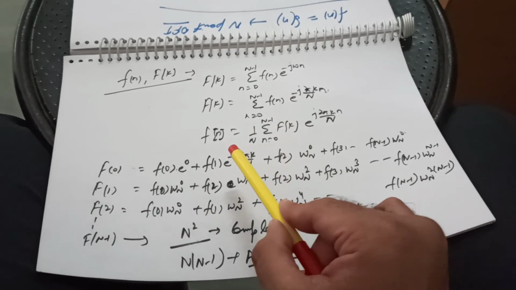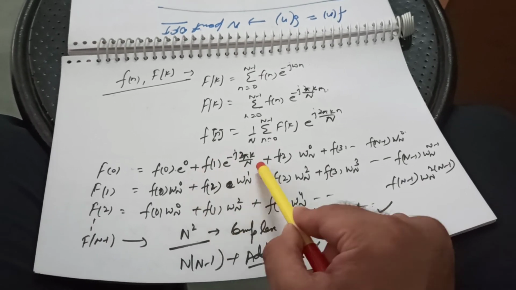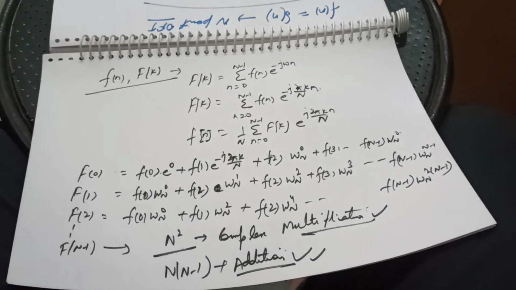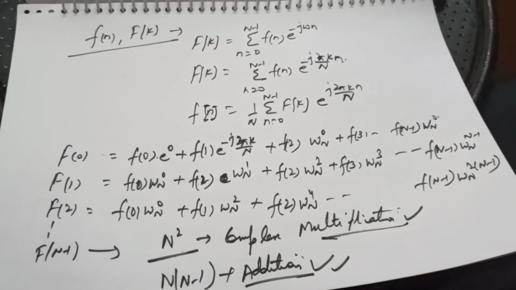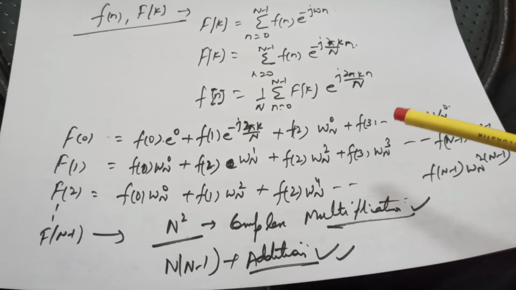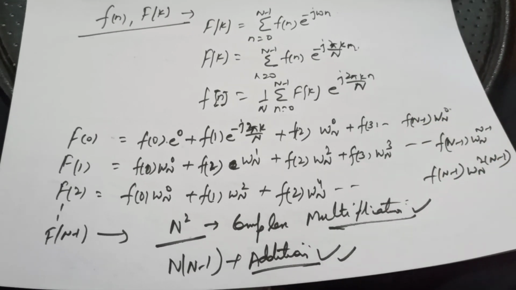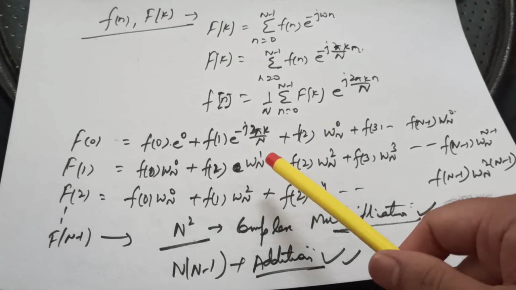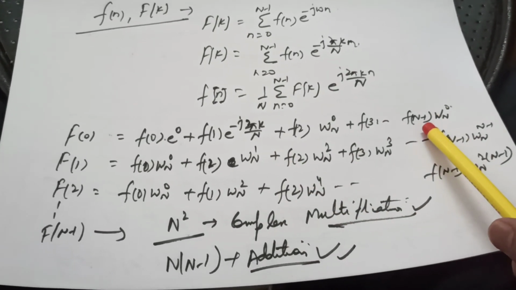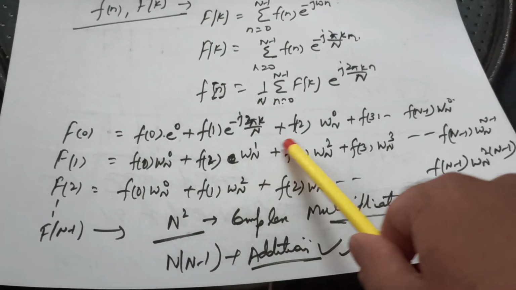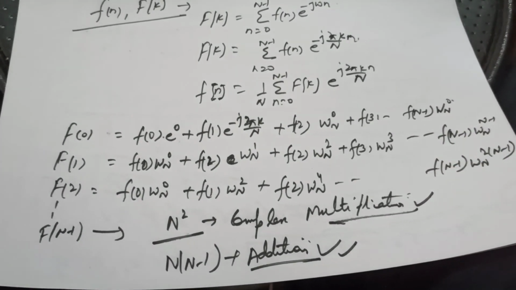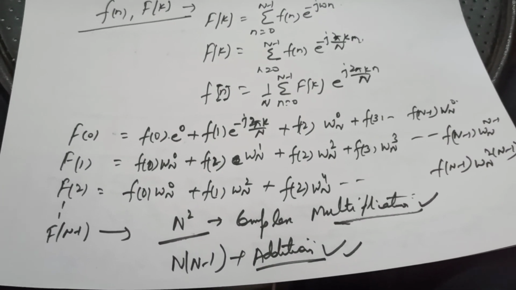Between 3 terms, 2 additions are happening. Is it clear? So we come to these N terms: from n equals 0 till n equals N minus 1, there will be N terms in totality.